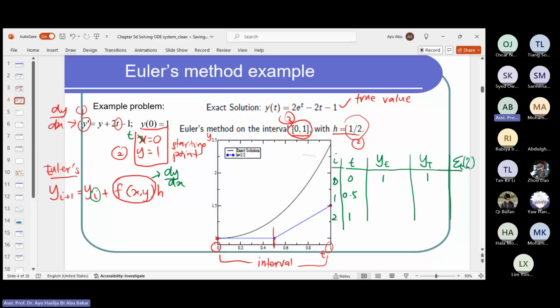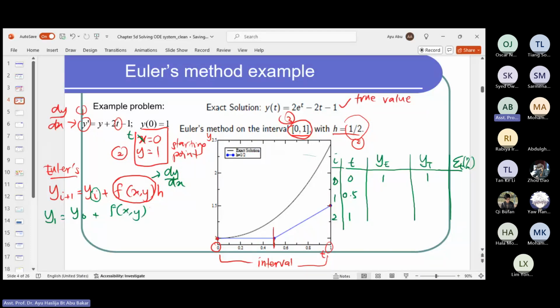For the next one, y1, we want to predict the next value. So y1 equals y0 plus the dy/dx value, then your h.